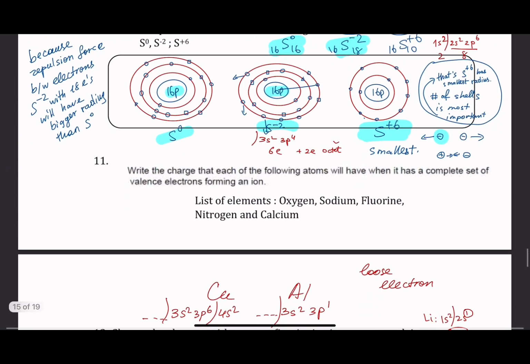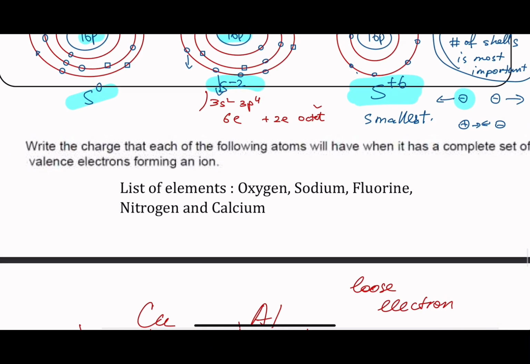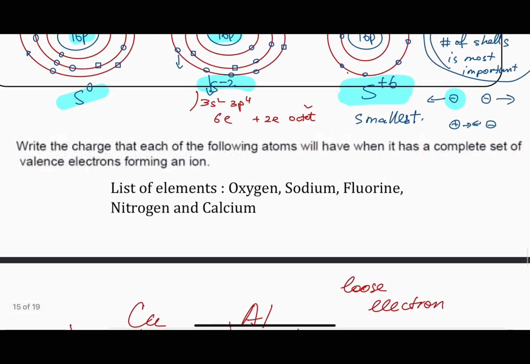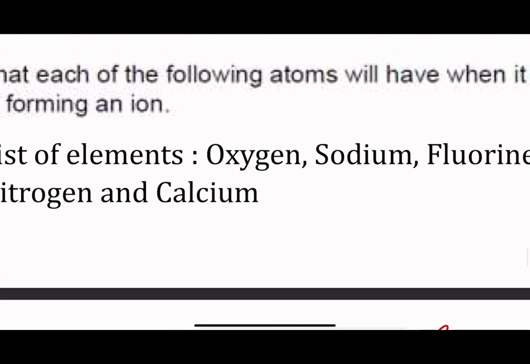Now, question 11 says, write the charge that each of the following atoms will have when it has a complete set of valence electrons. Now, this is super easy. Oxygen, you just need to find the location of oxygen, which is second period and 6A group.